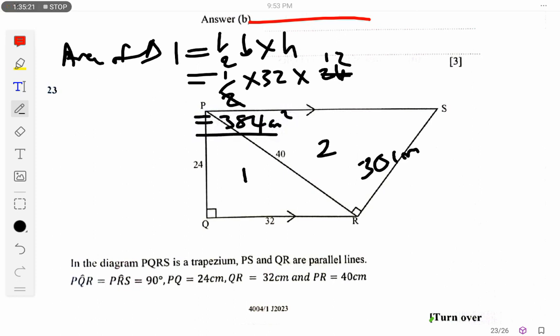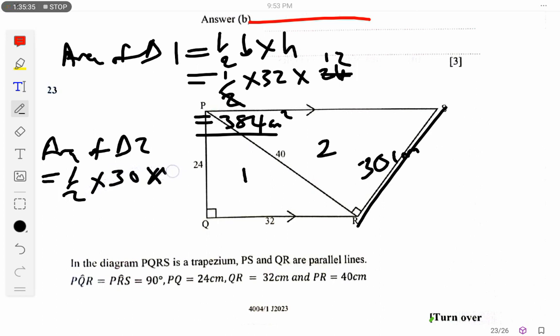Let's do the area of triangle 2. The area of triangle 2 is again half base times height. My base is 30 there, my height 40, so half times 30 times 40. 2 into 40 is 20, so I have 20 times 30, which gives me 600 centimeters squared.